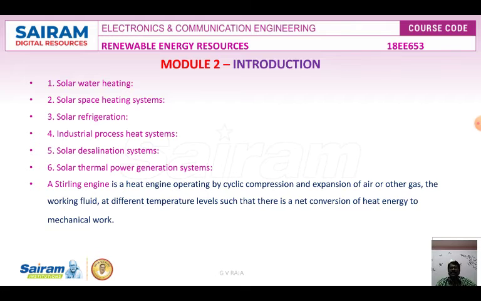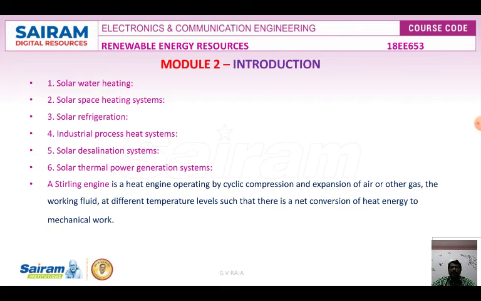Solar energy collectors are a special kind of heat exchanger that transforms the solar radiation energy into internal energy of the transport medium. So solar energy is converted into heat energy, and it is the internal energy of the transport medium.